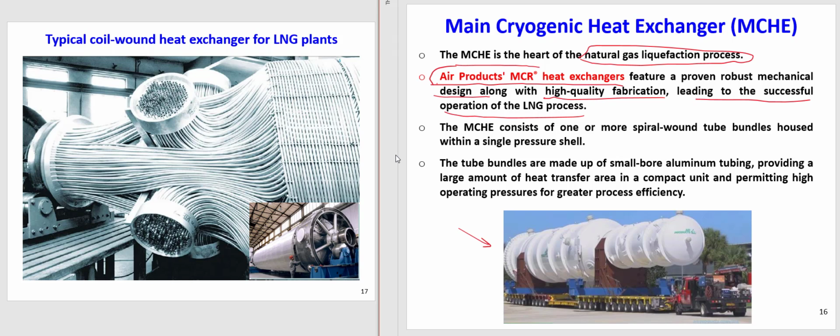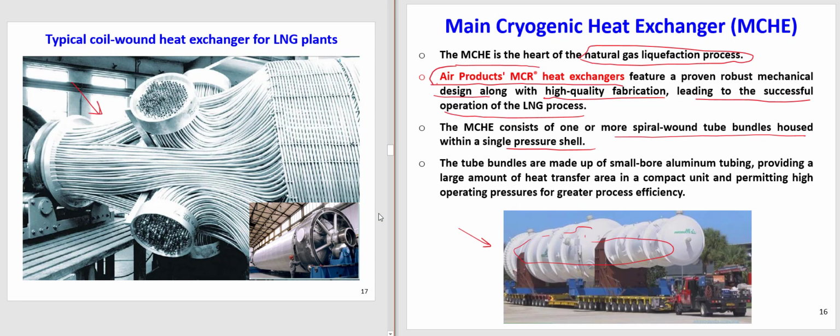It consists of one or more spiral wound tube bundles housed within a single pressure shell. It has a shell, the white part you see in the picture below. Inside this, in the photos on the left side, we have tubes of different bundles.